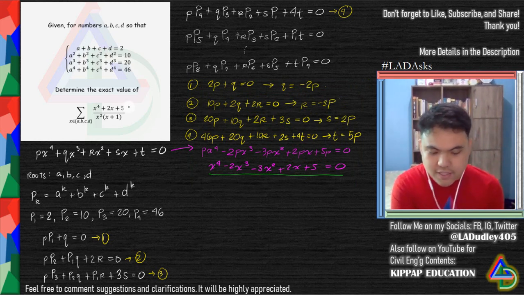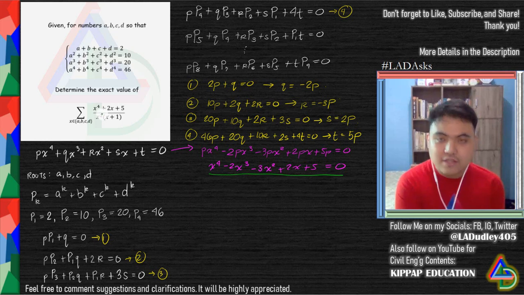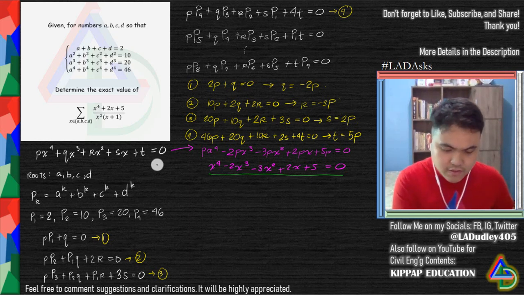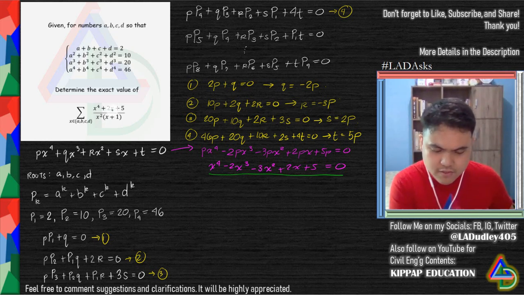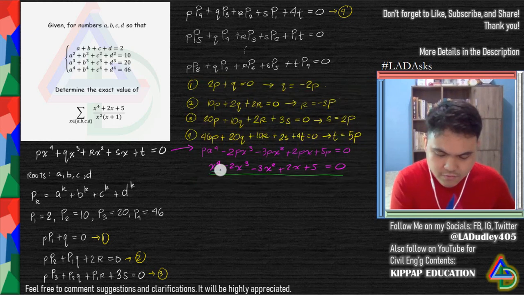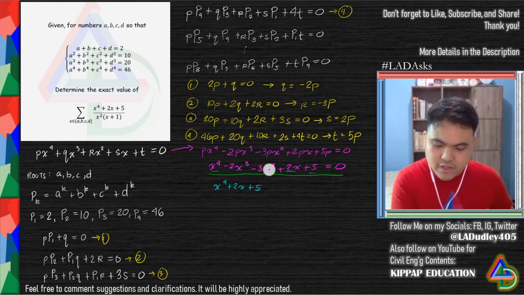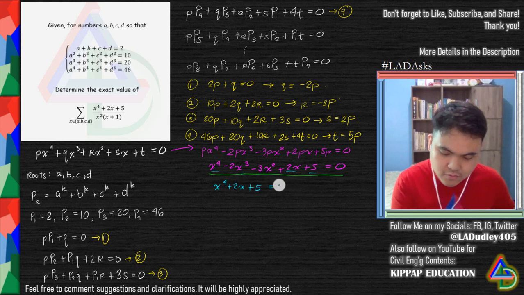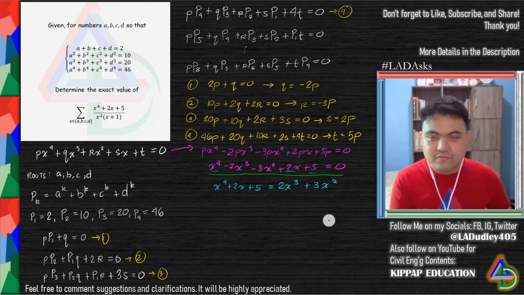Right? Now, pwede na natin kasing magamit ito for this summation. Let's notice, we have x to the fourth plus 2x plus 5. Parang meron yun dito. Tama ba? Meron yan dito. X to the fourth, 2x and 5. O di, lagay natin. X to the fourth plus 2x plus 5. Then the other terms na hindi x to the fourth, 2x plus 5, lipat natin sa right side. That is equal to 2x cubed plus 3x squared.